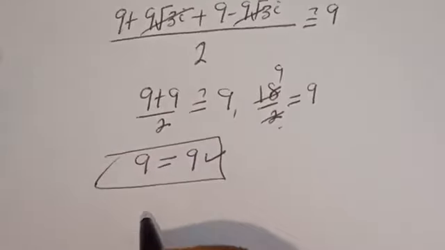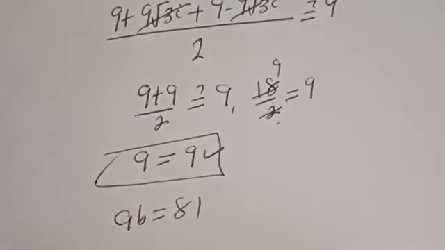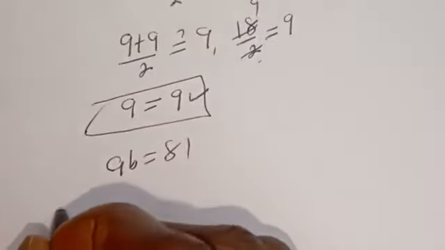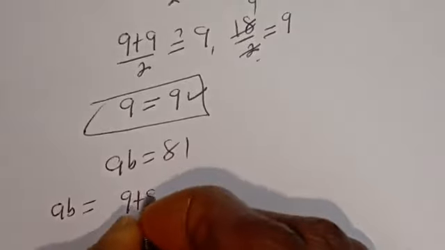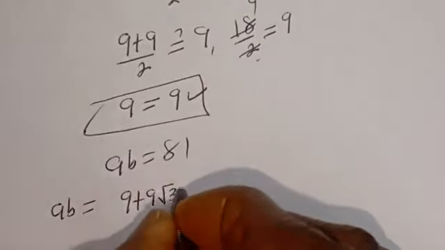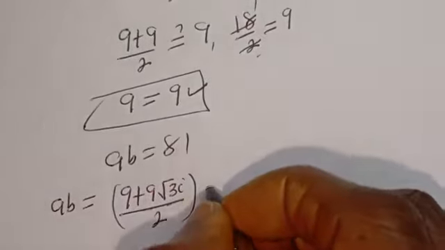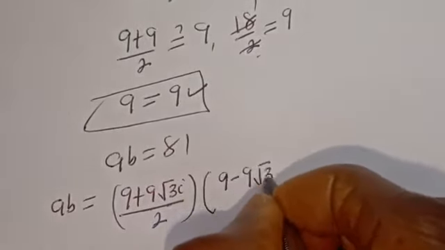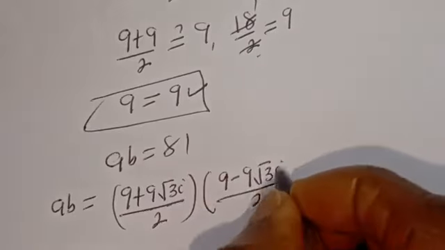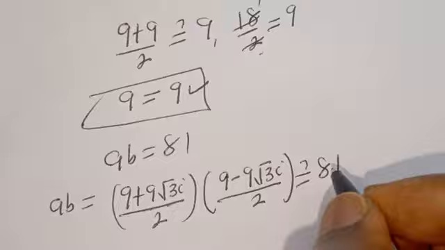Now, to check for the product, ab is equal to 81. Then we have ab is equal to 9 plus 9 root 3i divided by 2 multiplied by 9 minus 9 root 3i divided by 2 must be equal to 81.